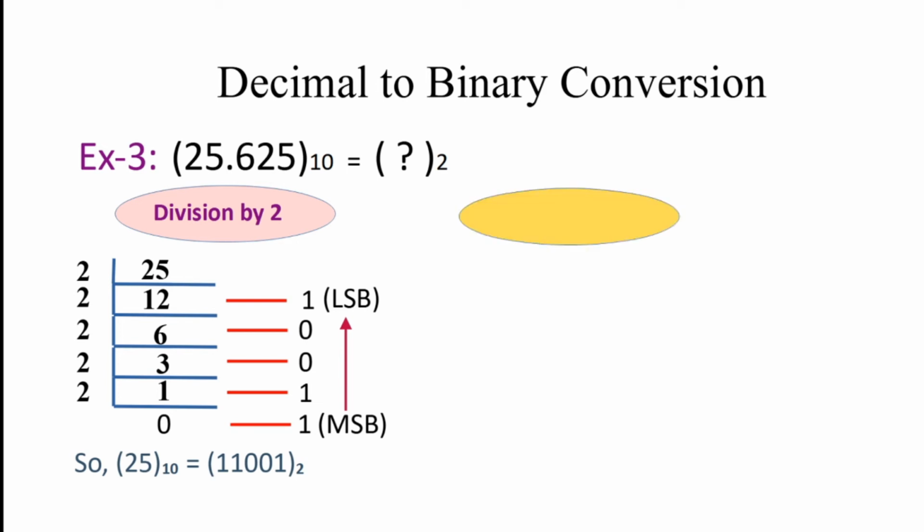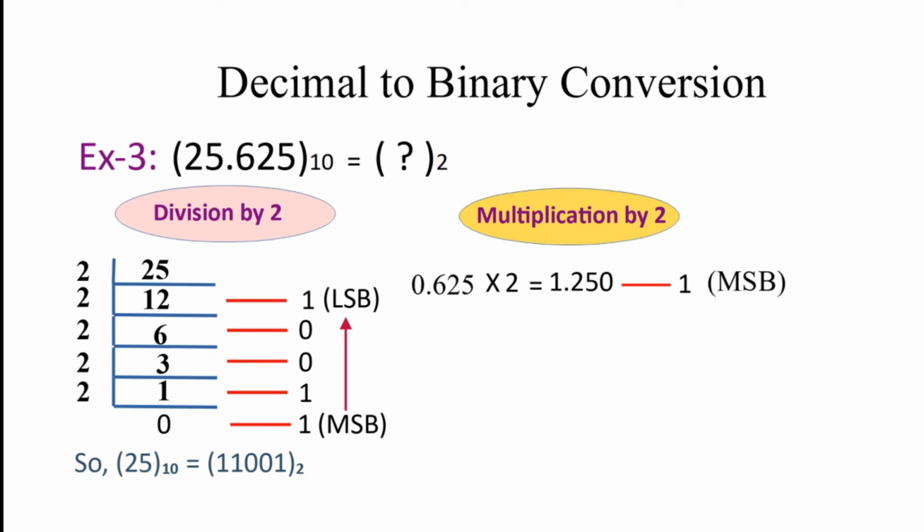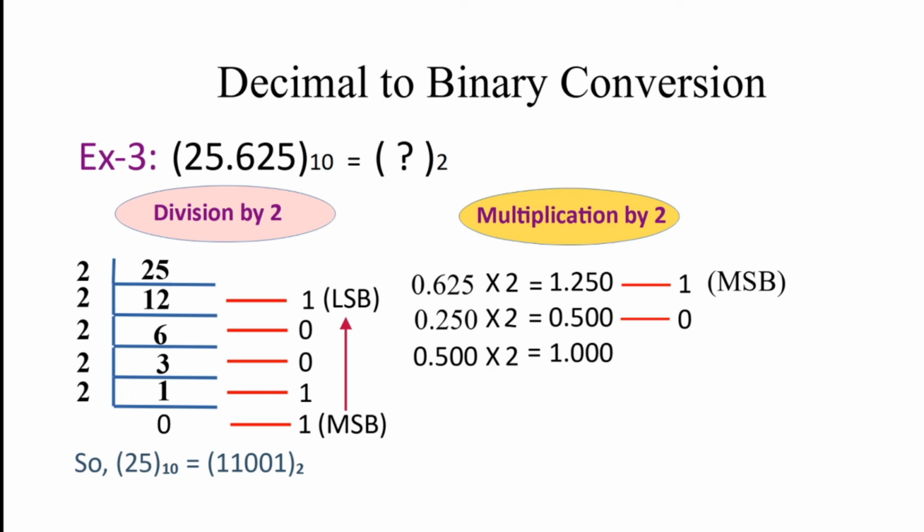Now the fractional part. For that we have to follow the repeated multiplication by 2. If we multiply 0.625 by 2, then we will get this. In this case, we have to take the 1, and which is considered as the MSB. Then we have to perform the same operation. We will get it. 0 will come out, and in this case, we find that 1 is the LSB, and we have to read down.